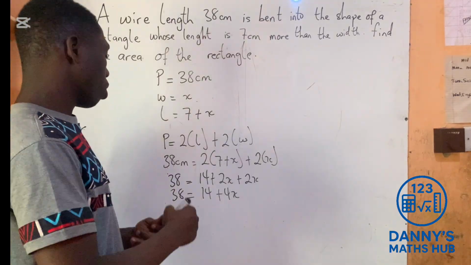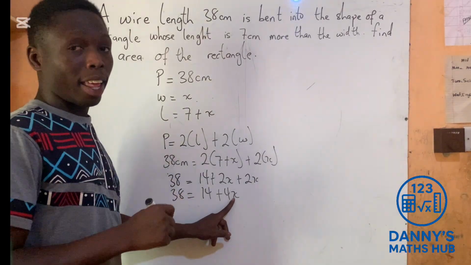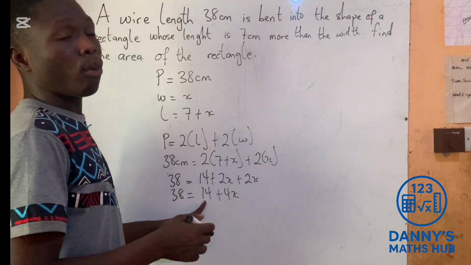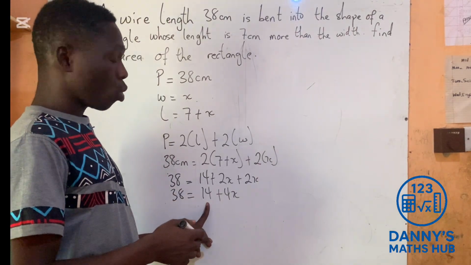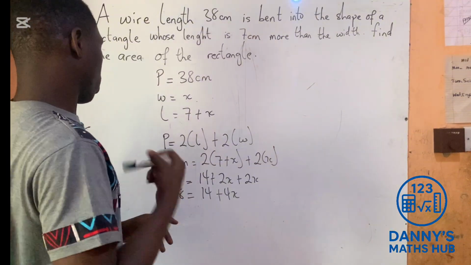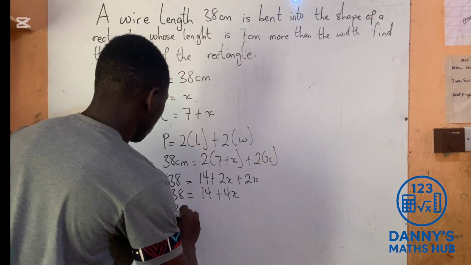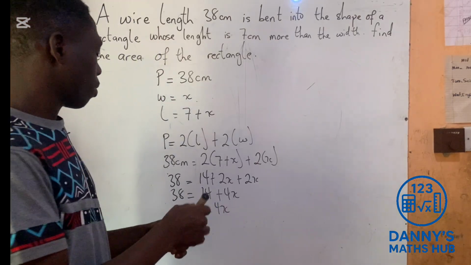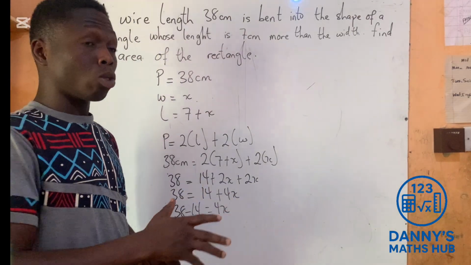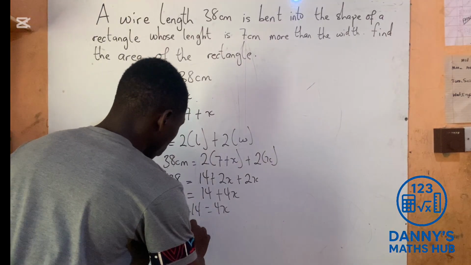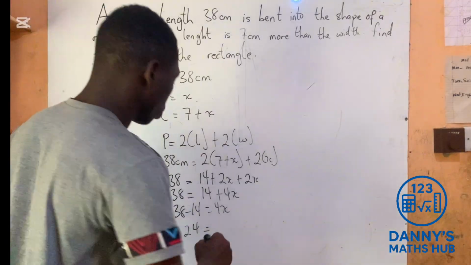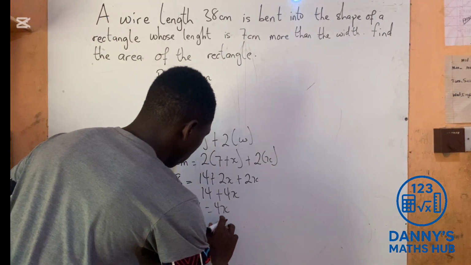Okay, let's continue. We want to find x, which is the width. So we are going to send 14 to where 38 is. We get 38 minus 14, which is equal to 4x. And 38 minus 14 is going to give us 24, which is equal to 4x.